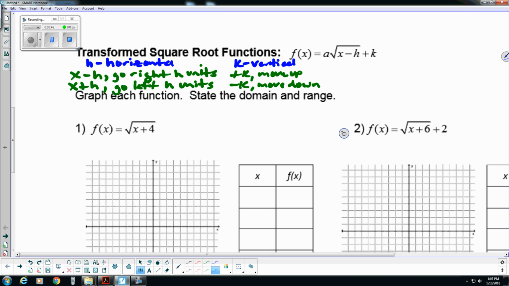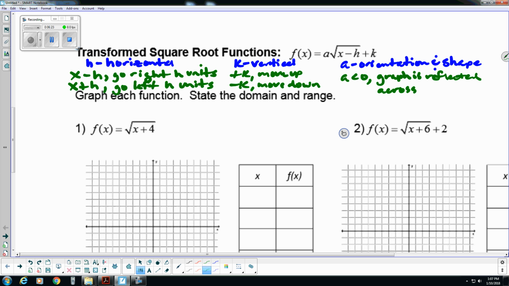a does a few different things. a deals with the orientation and shape. If a is less than 0, the graph is reflected across the x-axis.